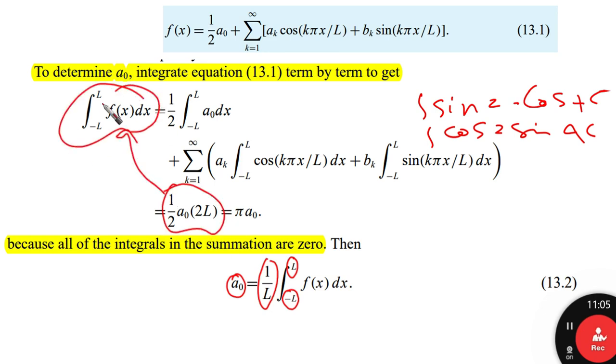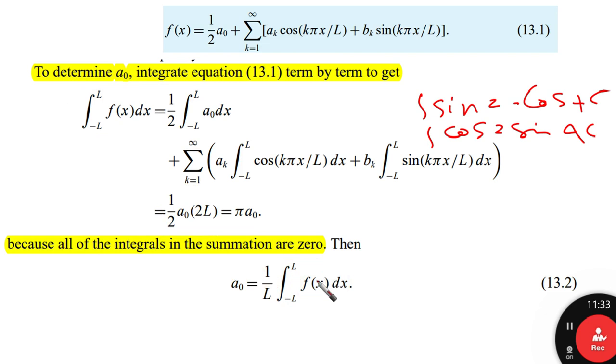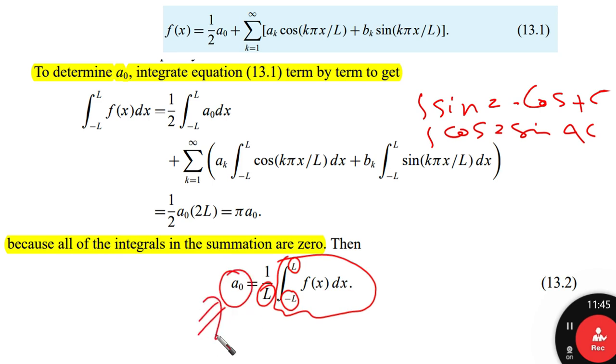So the first coefficient a0 equals 1 over L times the integral of the function over the interval from minus L to L. Physically, this means that a0 is the integration of the function over the interval, divided by L. This is the physical meaning of a0.